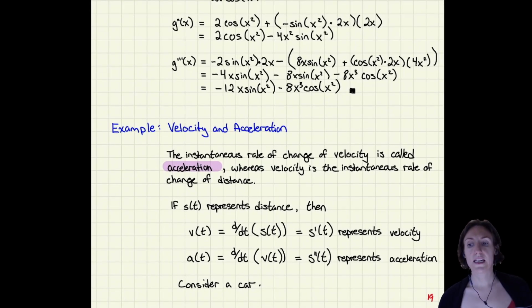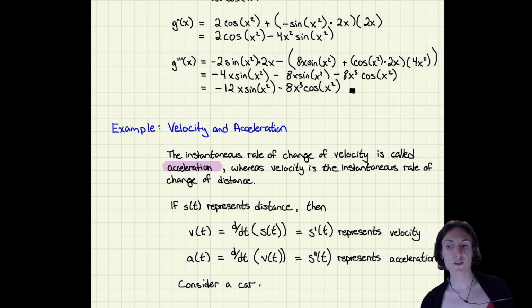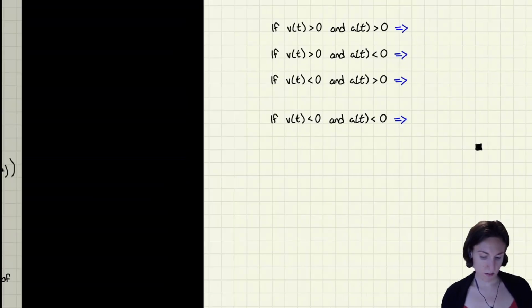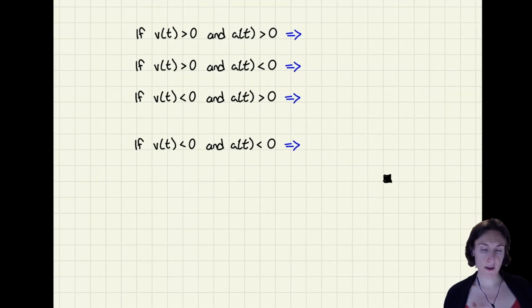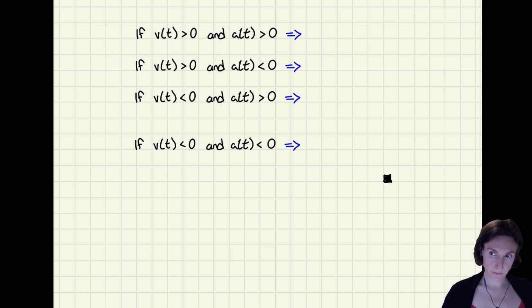So now, in terms of what happens if these things are positive or negative. So say we have a car. Let's take a look at what it physically means if the velocity and the acceleration are positive. Think if you were driving. Well, your car is going to be speeding up in the forward direction.